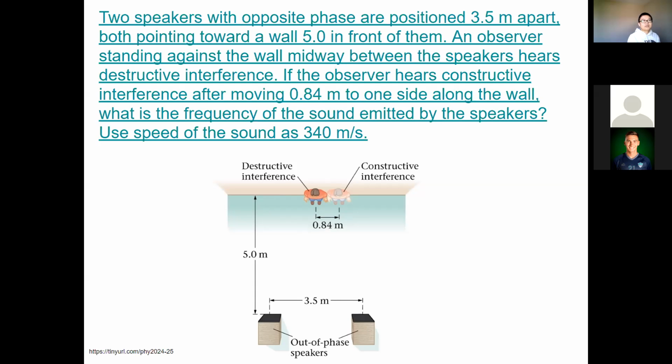That means at this moment, the paths from the two sources to the observer differ by half lambda. Then it's asking what would be the frequency of the sound emitted by the speakers. Let's take a look at this one here.